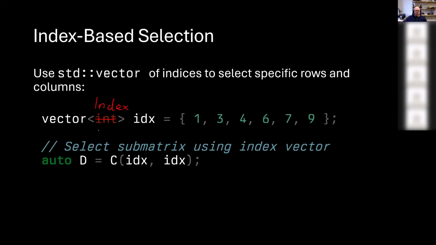But you can use other data types here as well. If you have, for example, input from another program, you can use that to index here as well, and the compiler can translate it. And then you can do auto D here, C index, comma index. That will extract a sub matrix here with these rows and columns.